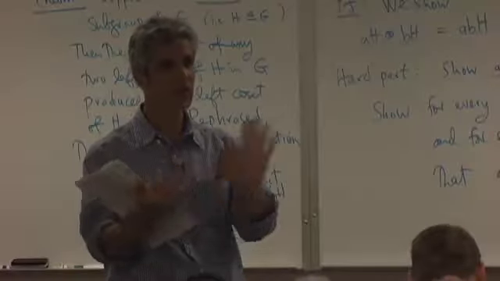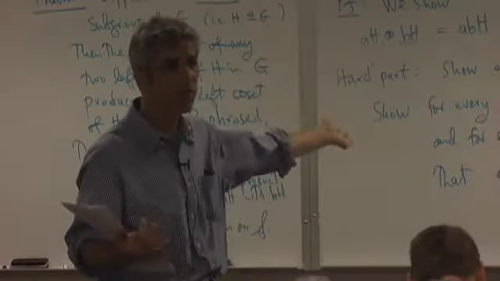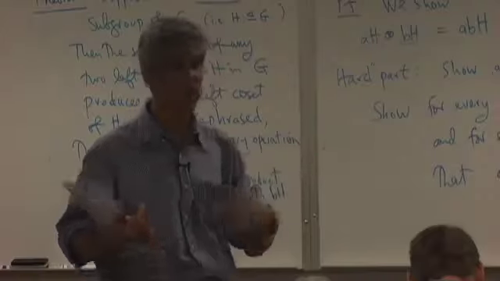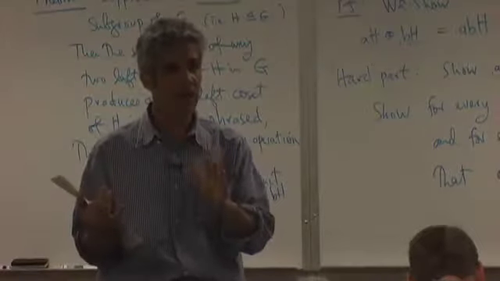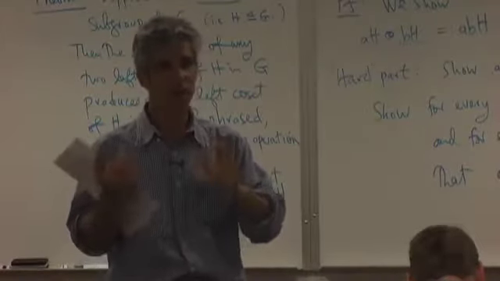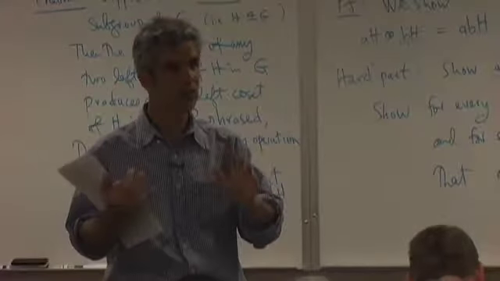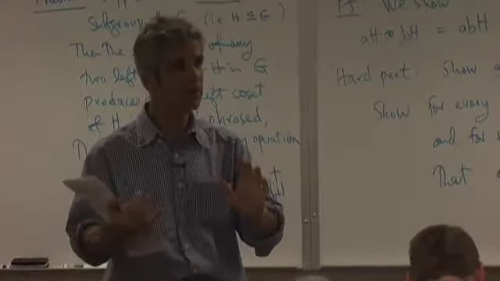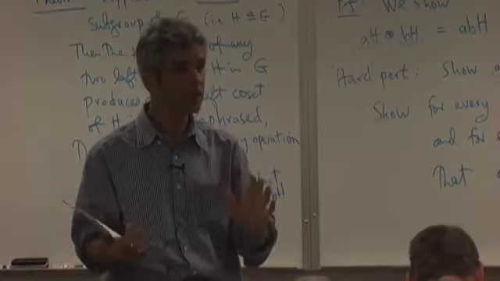The condition is that you start with a normal subgroup, and the punchline is that not only do you get a well-defined binary operation on the collection of left cosets, but that binary operation turns the collection of left cosets into a group.